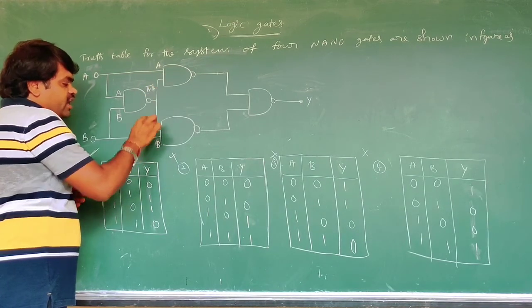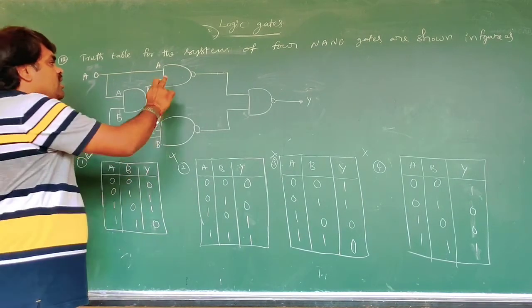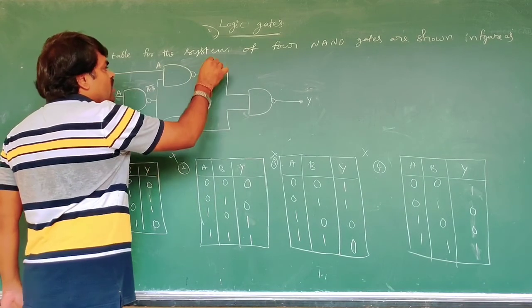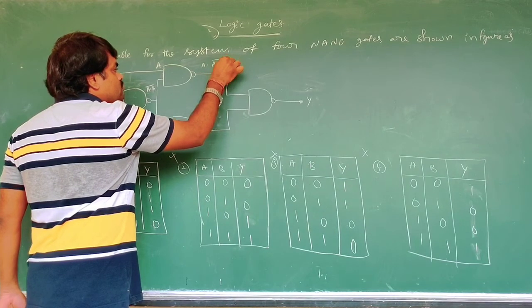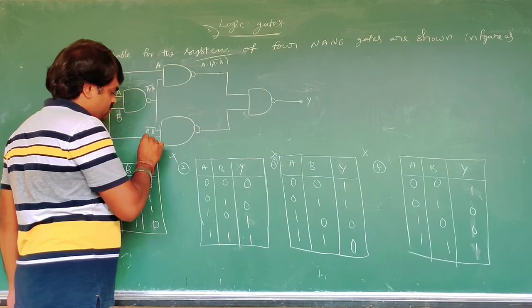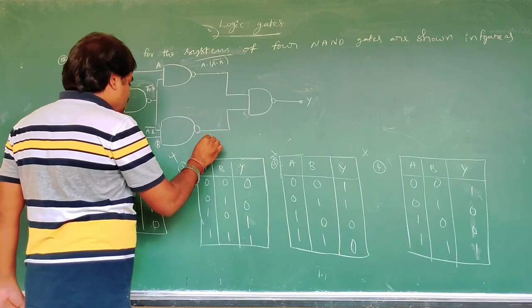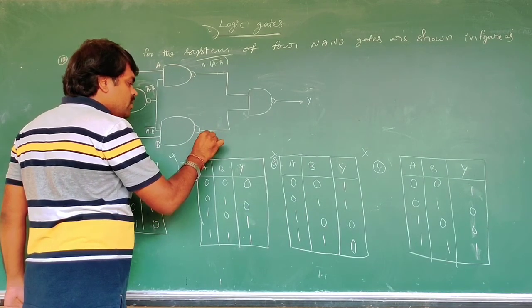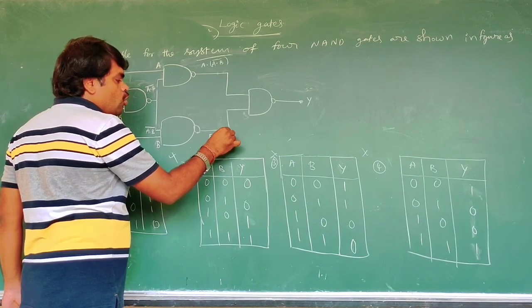Then the inputs of this gate are A and A dot B bar, whole bar, and the other gate has B and A dot B, whole bar.